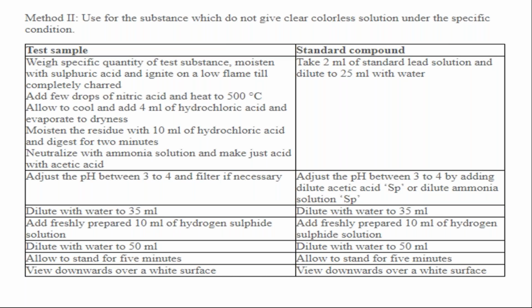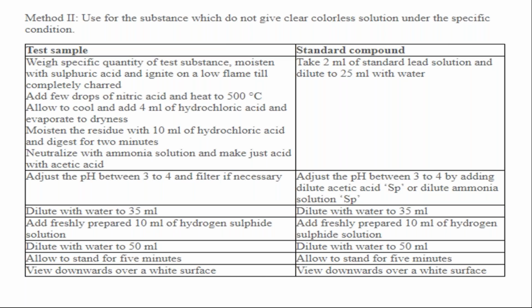Under the test sample, you're going to weigh the specific quantity as specified in the monograph, and then just moisten it with sulfuric acid. After you are done with that, you're going to ignite on a low flame and completely char the substance. First of all, by adding H2SO4, that is your sulfuric acid, you are going to char it a bit, but you are going to put it on fire also.